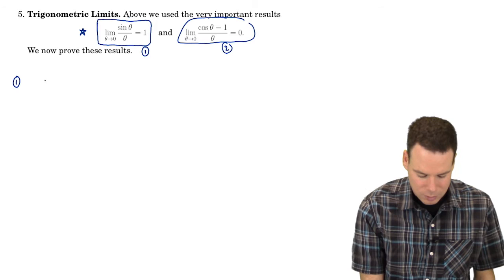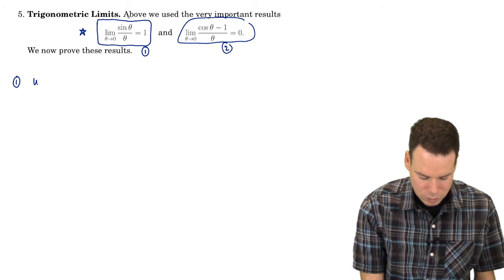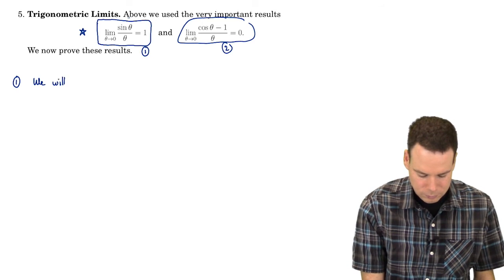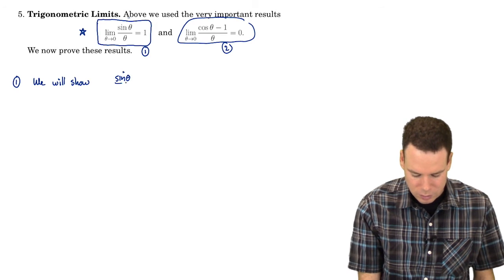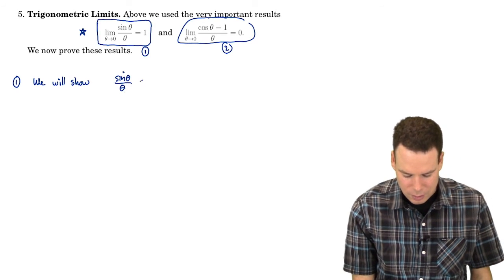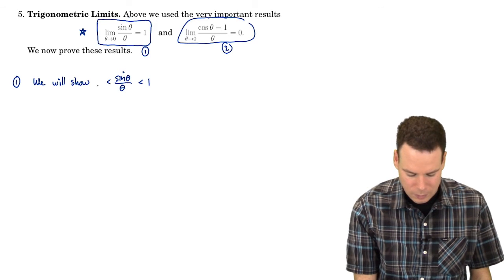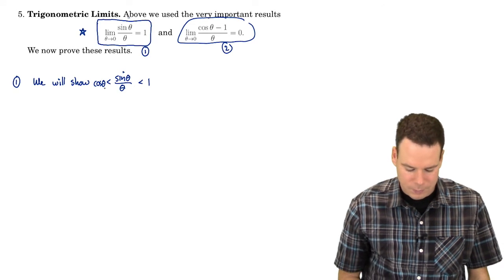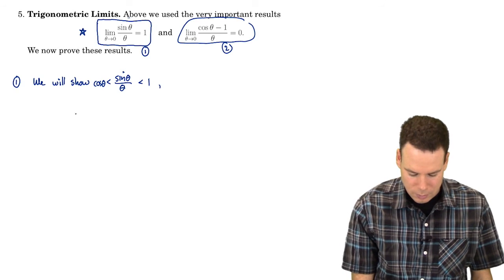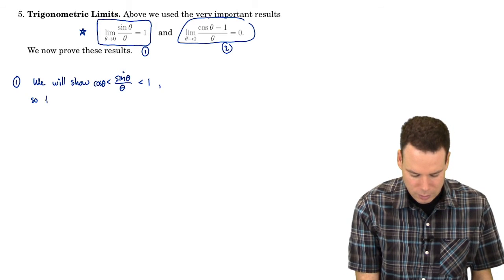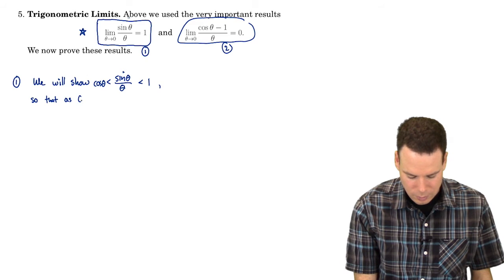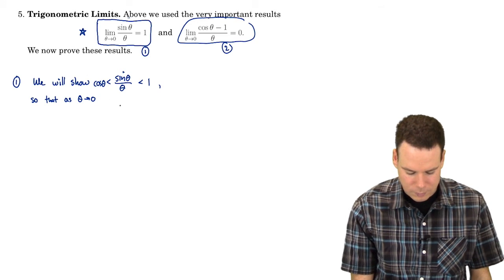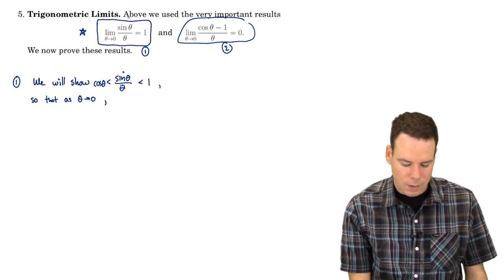So we will show that this function, sine theta over theta, is trapped between 1 and cosine of theta. So that as theta goes to 0, what happens?